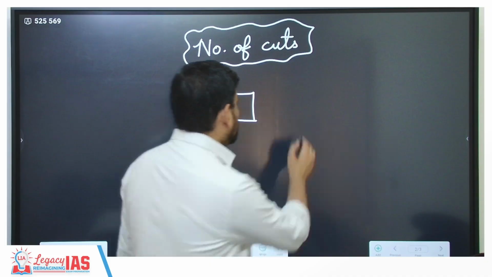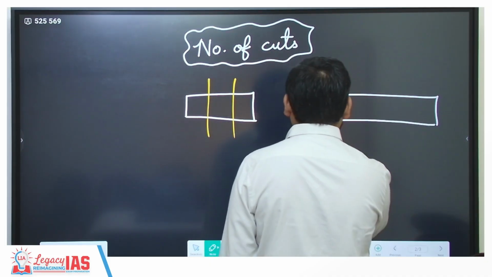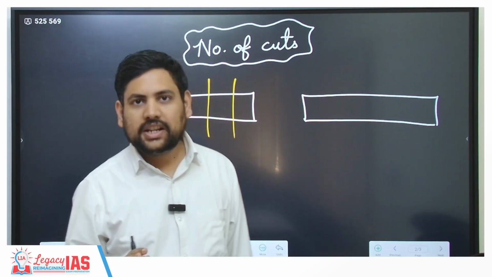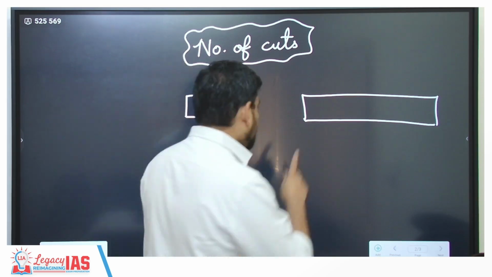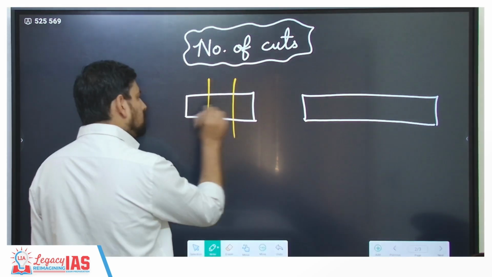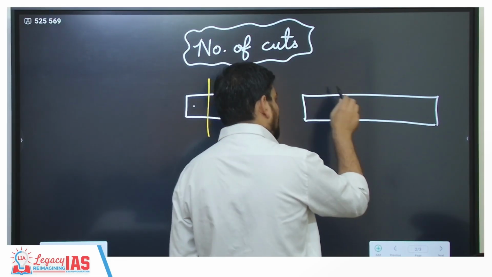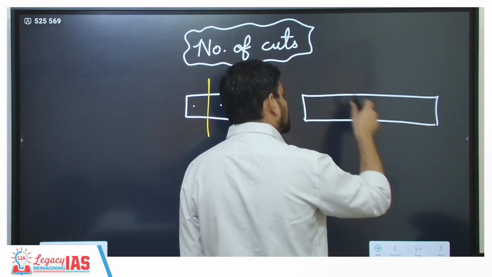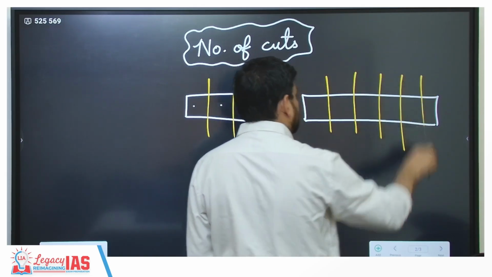Correct? Similarly, if I take a bigger chocolate and I have to divide it into 6 pieces, then how many cuts do I need to make? I will make 5 cuts. See, 1, 2, 3, 4 and 5.